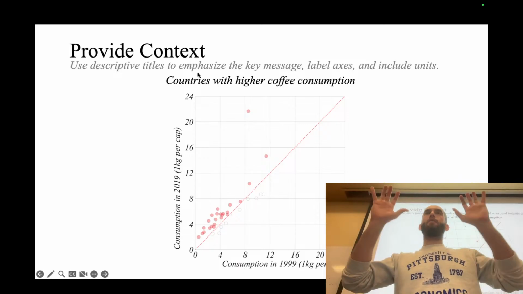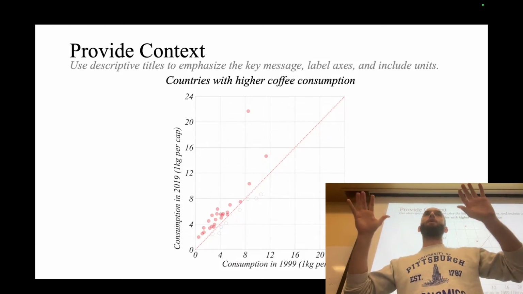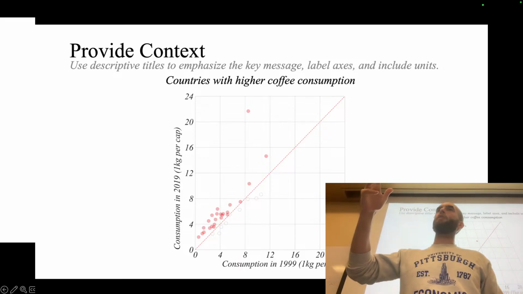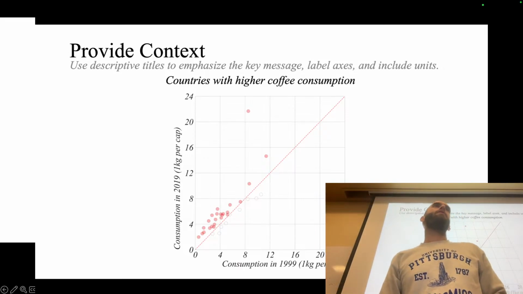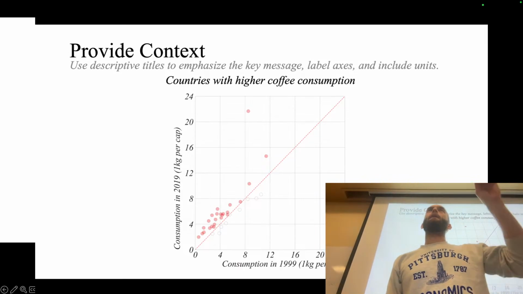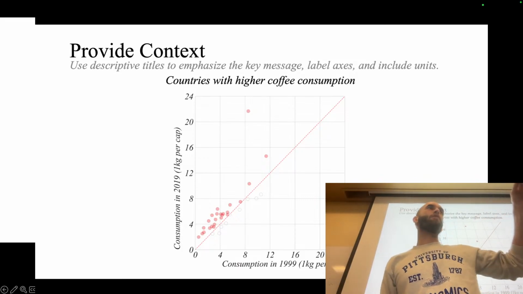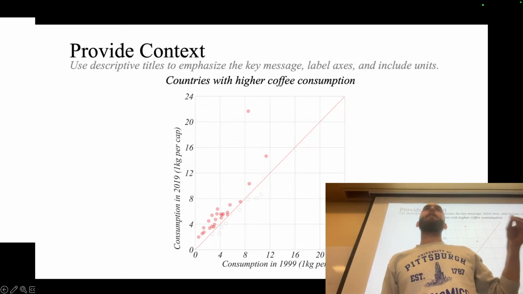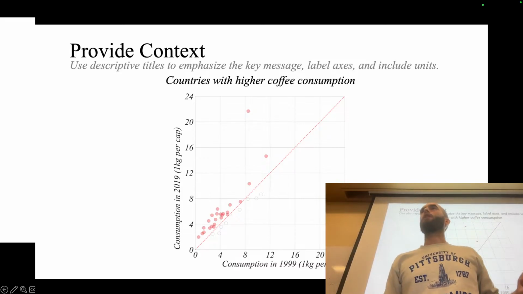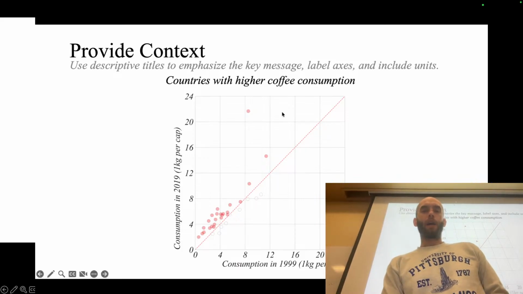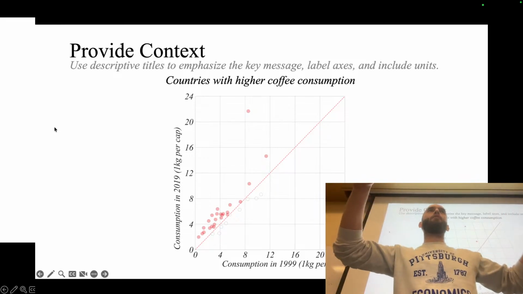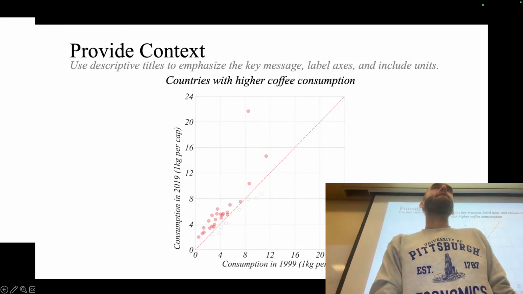I think this is maybe a little bit noisy. There's too many words on this figure. But in general, you want to give context so that a person who isn't so familiar with what you're doing can understand the variables going into your figures. So yeah, axis labels, units, be sure to include units when relevant, and then try to emphasize the main point of what you're doing. Any questions here?